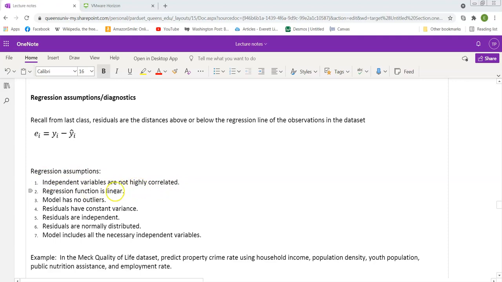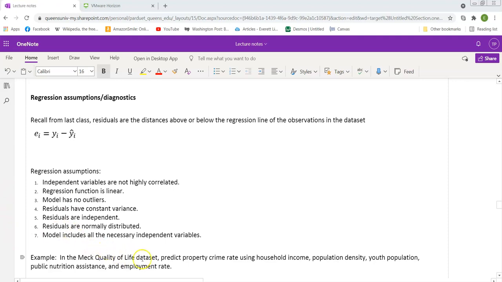We want to make sure we've got the right model, meaning that the regression function is linear and that it includes all the necessary variables, and that it doesn't have any outliers. And then we want to know that the residuals have constant variance, that they're independent of each other, and that they follow a normal distribution. So we're going to look at all of those one at a time as we go through.